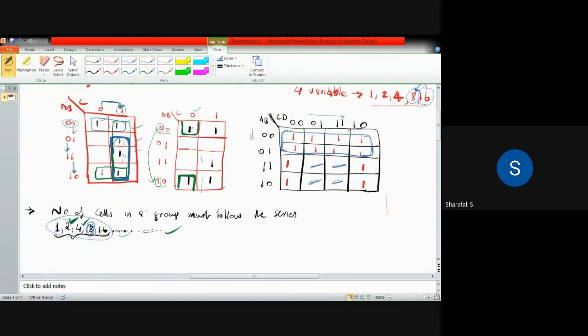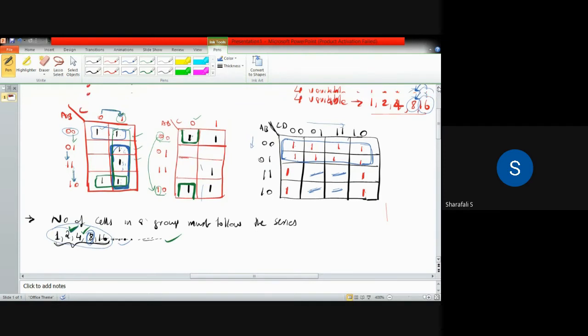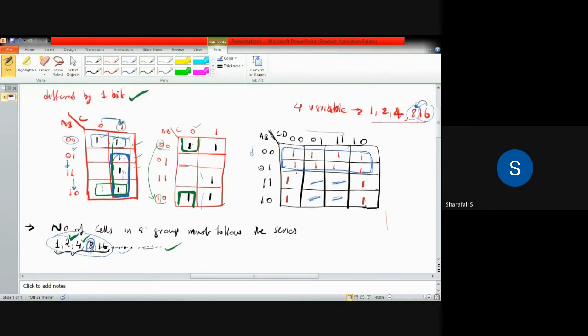For example, you can have a four cell grouping like this, possible, right? Similarly, here also you can have a four.